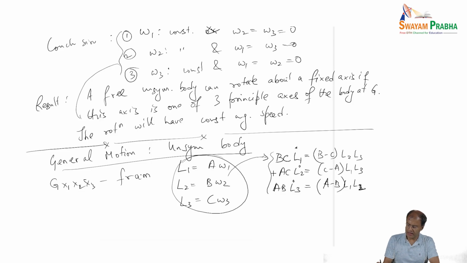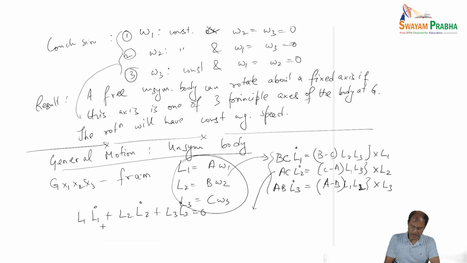We can combine these three equations by multiplying the first equation by L1, the second by L2, and the third by L3, and dividing throughout, we see that L1 L1 dot plus L2 L2 dot plus L3 L3 dot is 0. Integrating, we get L1 square plus L2 square plus L3 square is a constant, which we call L square.